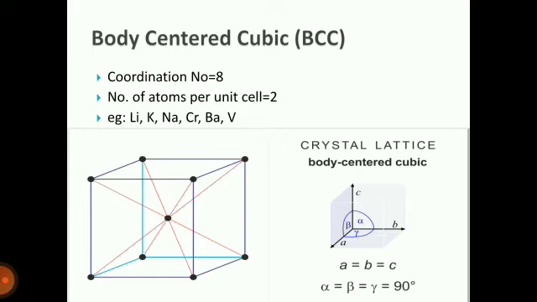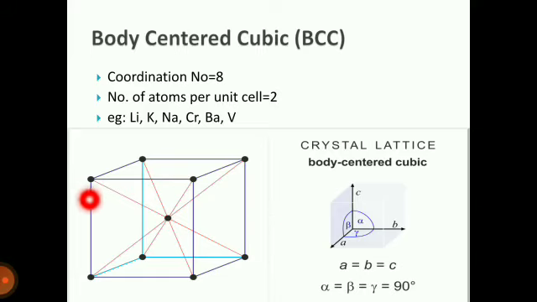The second type of cubic crystal system that we are going to study is the body-centered cubic crystal lattice, also called BCC, body-centered cubic. This is a unit cell of the BCC crystal lattice.